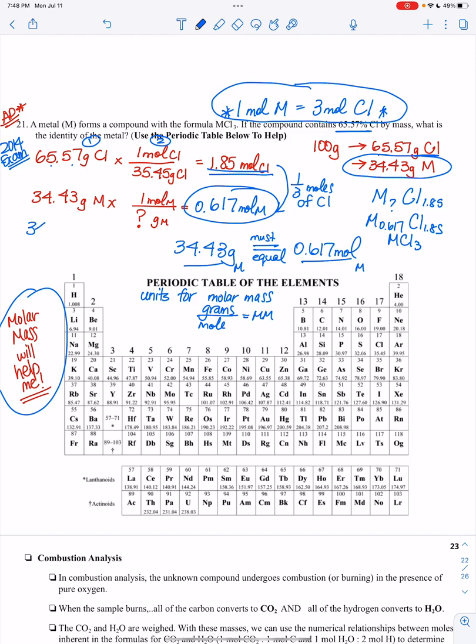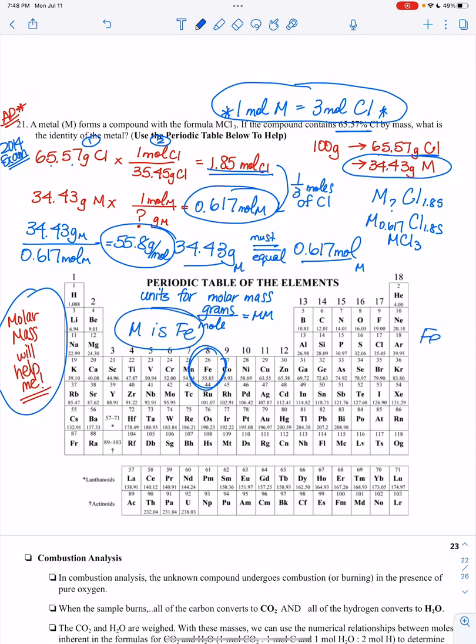So if I do 34.43 grams of this metal, and that corresponds to the 0.617 moles of this metal, I get 55.8 grams per mole. And that means the identity of this element, M, is Fe. And the compound is FeCl3, iron(III) chloride.